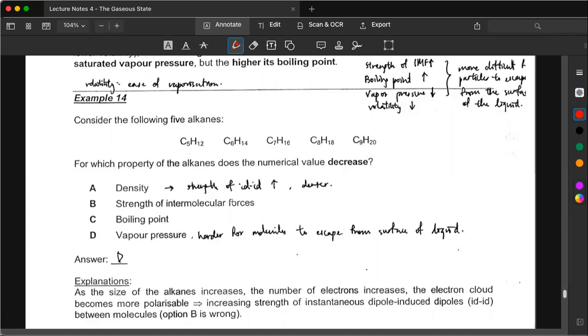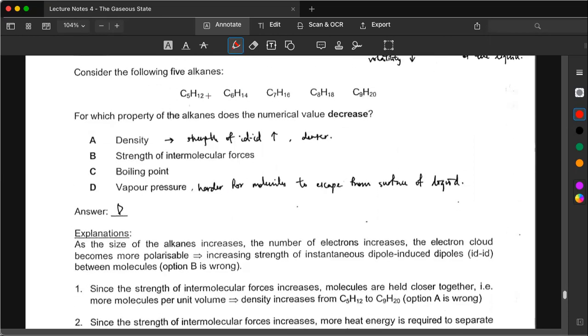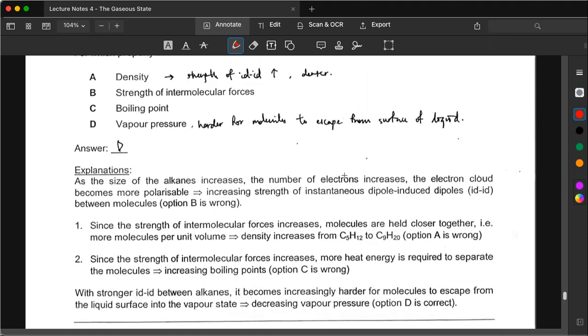Now, as the size of the alkanes increases from left to right, the number of electrons increases, and this causes the electron cloud to become more polarizable. There's increased strength of instantaneous dipole-induced dipole interactions between molecules. So B is definitely wrong. Since the strength of the IDID increases, molecules are held closer together, so the molecules are packed closer within the same volume.